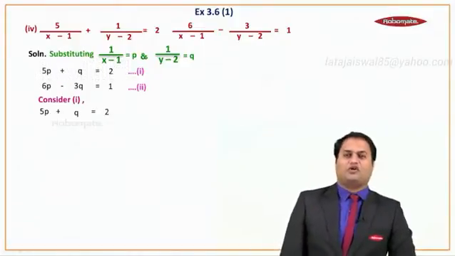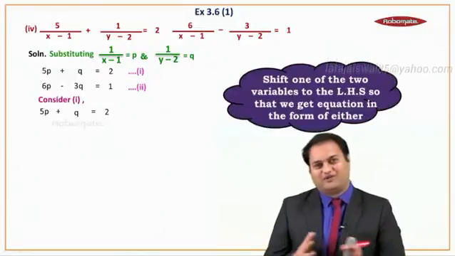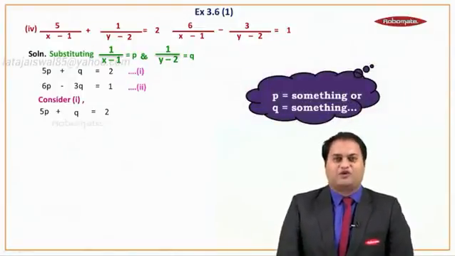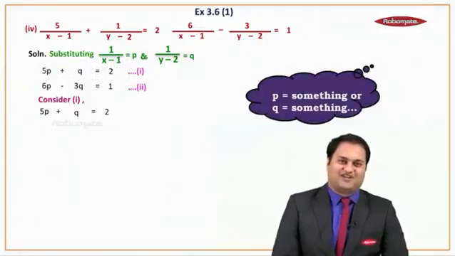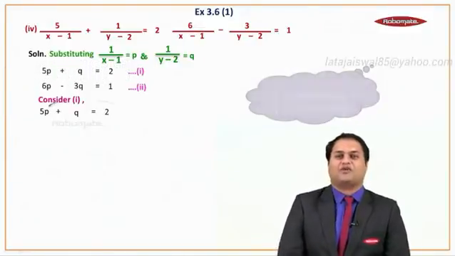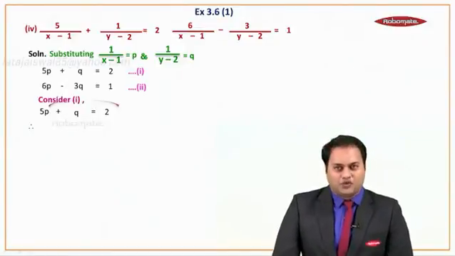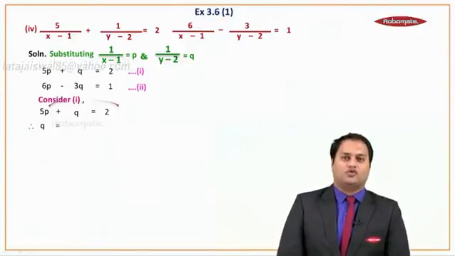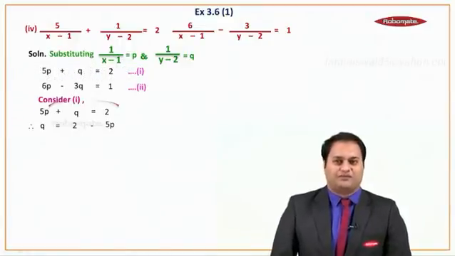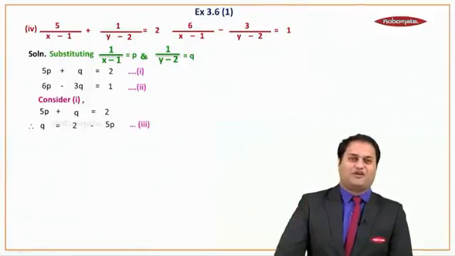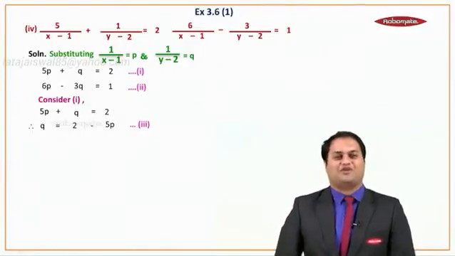We shift one of the variables to the other side so that we get p is equal to something or q is equal to something. 5p goes to the other side. We get q is equal to 2 minus 5p. Don't forget to number this as equation number 3.